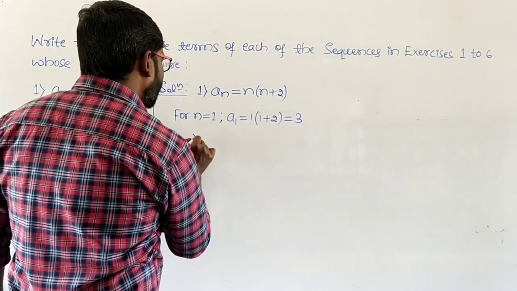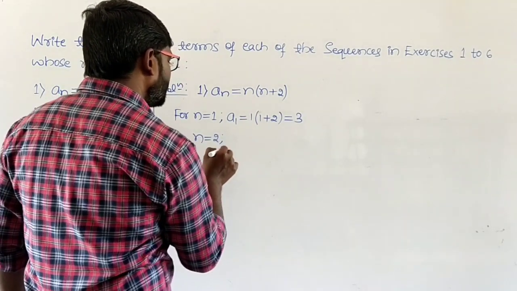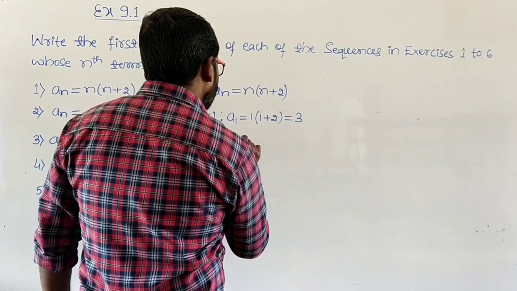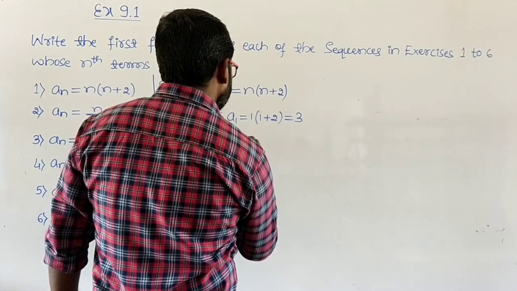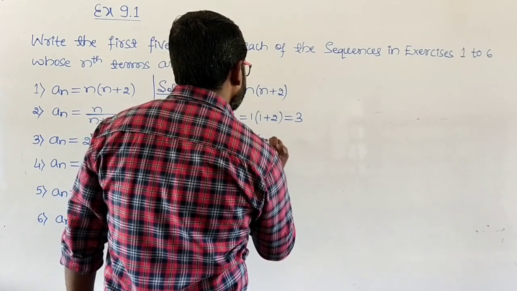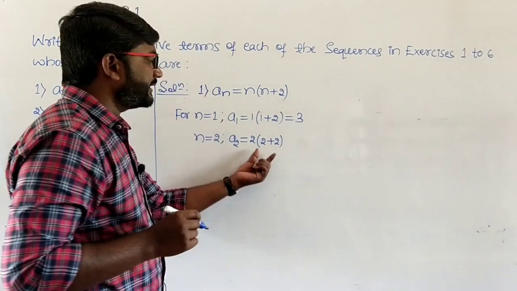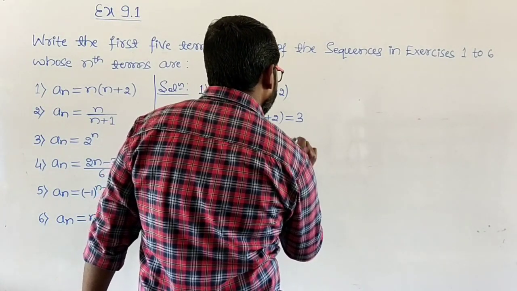Then for n equal to 2, a2 which is equal to 2 into 2 plus 2. 2 plus 2 it is 4. 4 into 2 it is 8. So you get 8.